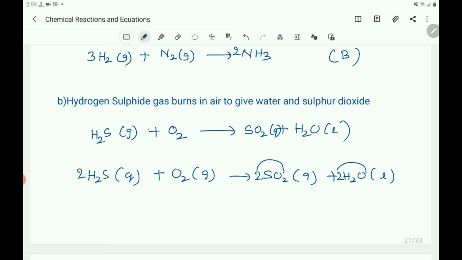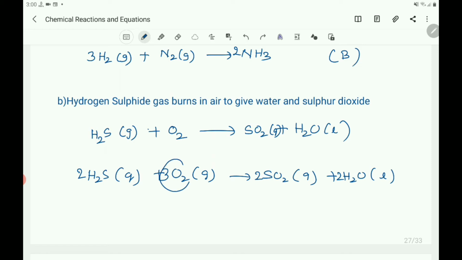Here 2SO2 means 4, and 2H2O gives 2, 4 plus 2, 6 you got. Then you can balance oxygen here, that is 3O2. Now you try here. 2H2S, 4 hydrogen atoms. Here 2H2O, 4 hydrogen atoms. And 2S, 2 sulfur atoms.